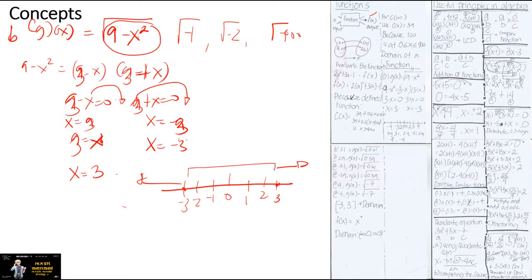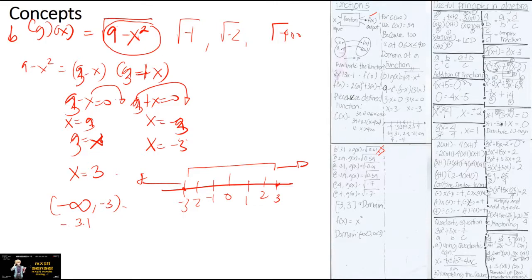Sabihin yung una, negative infinity to negative 3. Try natin ang negative 3.1. Pag inabot dito yung negative 3.1, ang sagot ay negative 0.61. Ibig sabihin, x, hindi pwede.